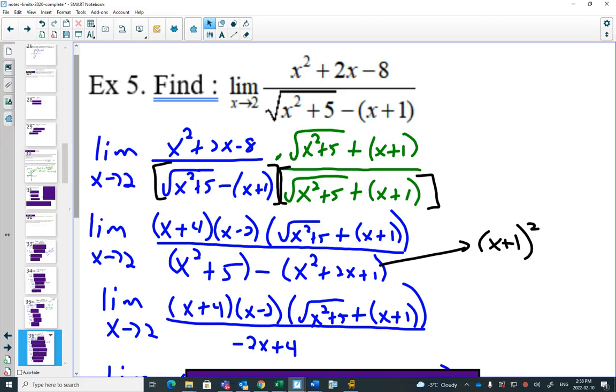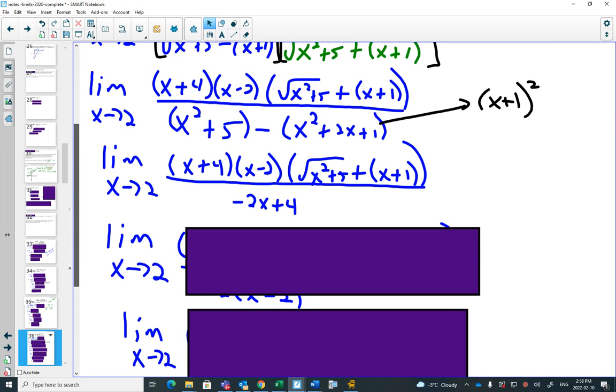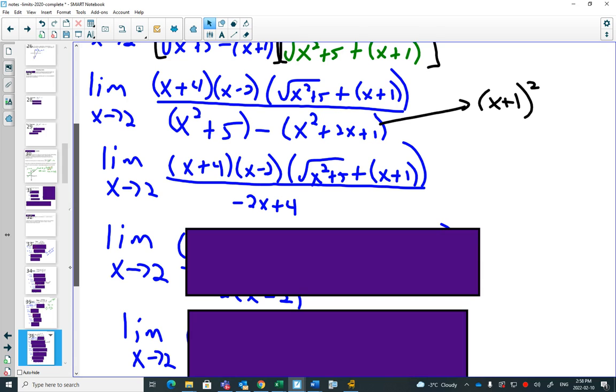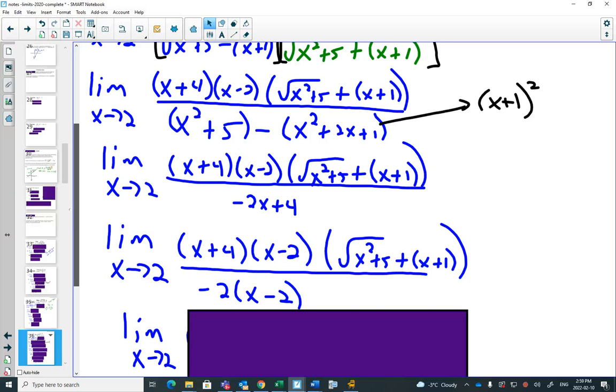But our goal is to cancel out that non-permissible value. So we can factor a negative 2 out of the bottom.